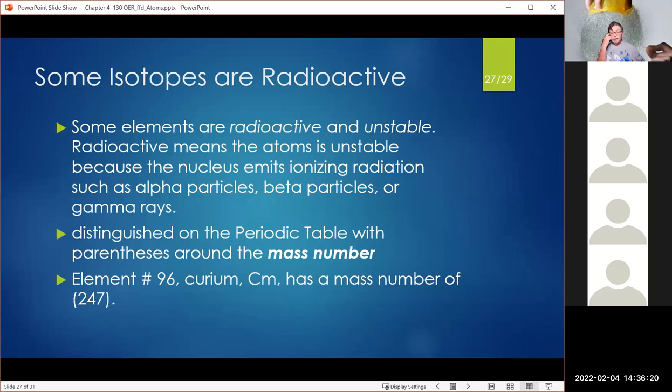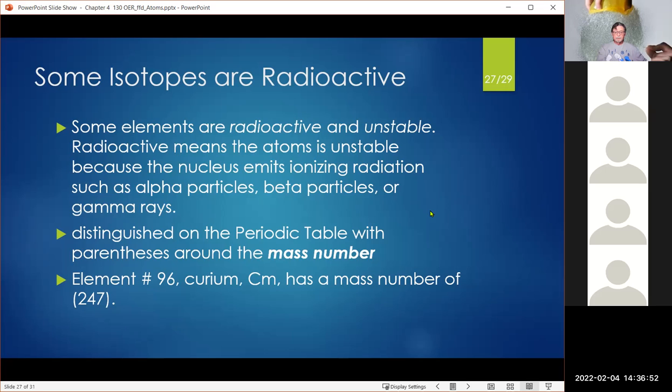All right, a lot of elements are radioactive and very unstable, okay? They start to break apart, and when they do break apart, they release energy, and a lot of them release some very strong energy, okay? Radiation, such as alpha particles, beta particles, gamma particles. We just need to know that they release energy, okay?